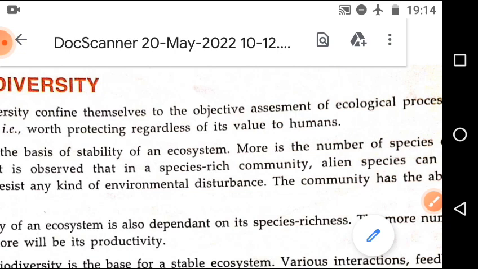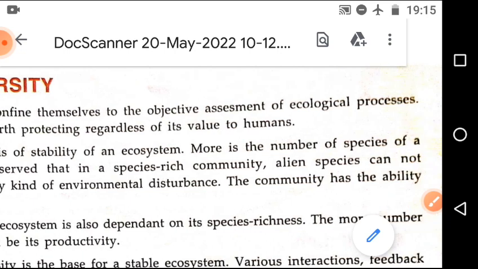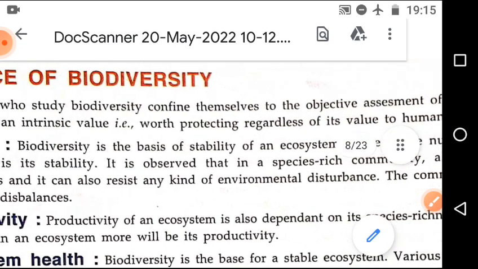They are also studying the interaction between one ecosystem and the other ecosystem nearby, how the communities are interacting, that is the beta diversity, as well as the gamma diversity, which I have said earlier in the previous video, the overall diversity, in what manner all the ecosystems are interacting. So they are assessing the ecological process, those who study biodiversity normally.